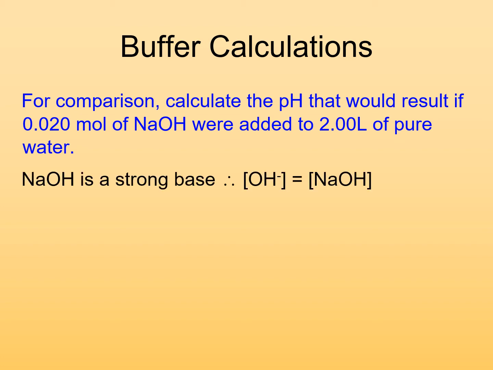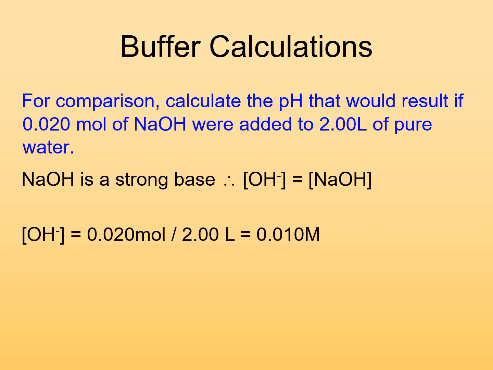So the hydroxide ion concentration is equal to the concentration of the sodium hydroxide. So if we find that concentration, remember concentration is moles over liters to get that molarity. So the 0.02 moles over 2 liters is 0.010 molar hydroxide.